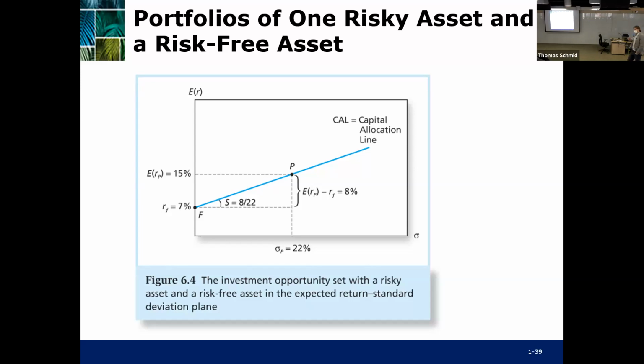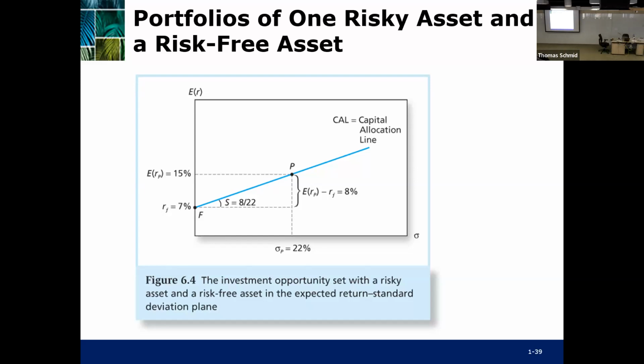If you combine utility functions and this, how could we find the optimal portfolio? What is the optimal portfolio? That is the portfolio that gives the investor the highest utility, right? So we have to find the portfolio that maximizes the utility for our investor. How do we do that?